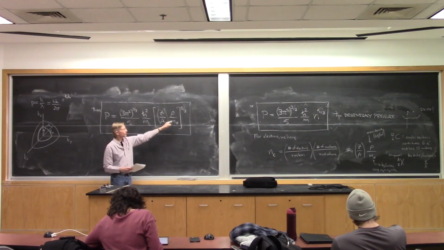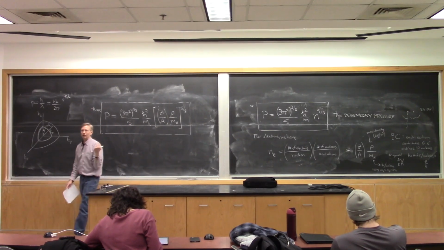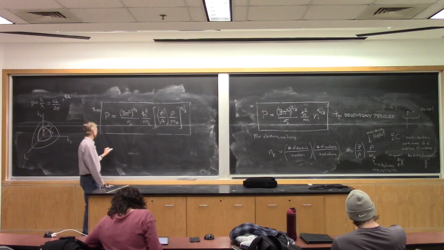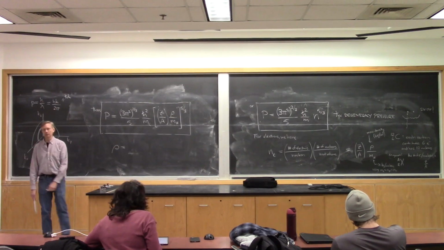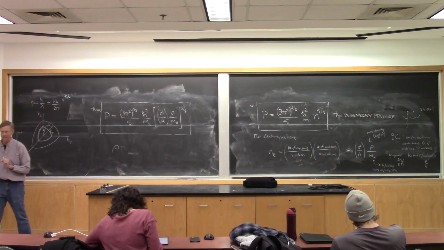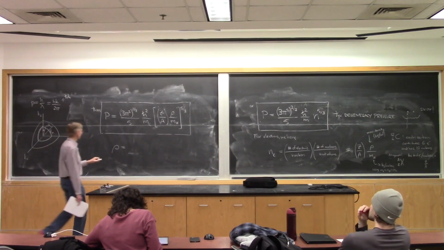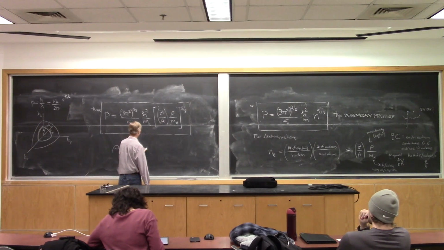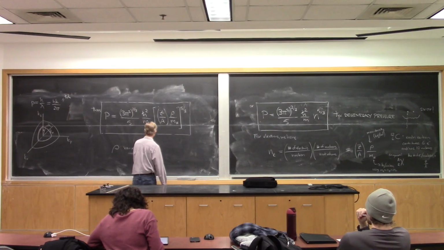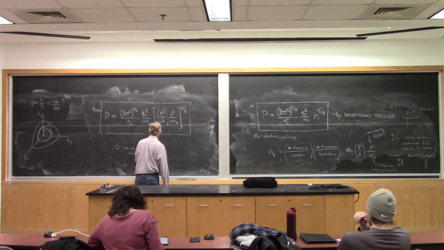And so, the good thing about this is, well, how would we figure out rho? How would we estimate rho? Now, really, it's the local mass density, which varies. Rho varies inside the white dwarf.